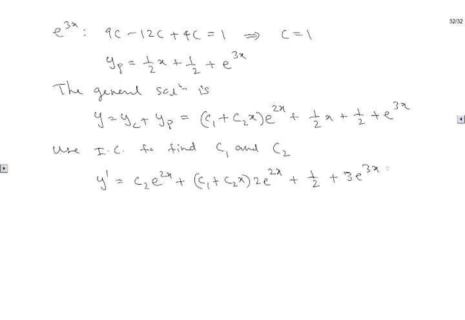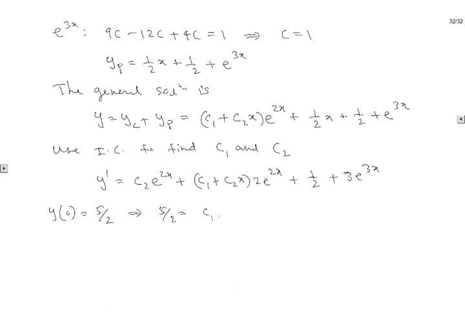Now we can use the initial conditions. So we can use y(0) equal 5/2. This is going to give you 5/2 equal, let's plug in 0 wherever you see x.